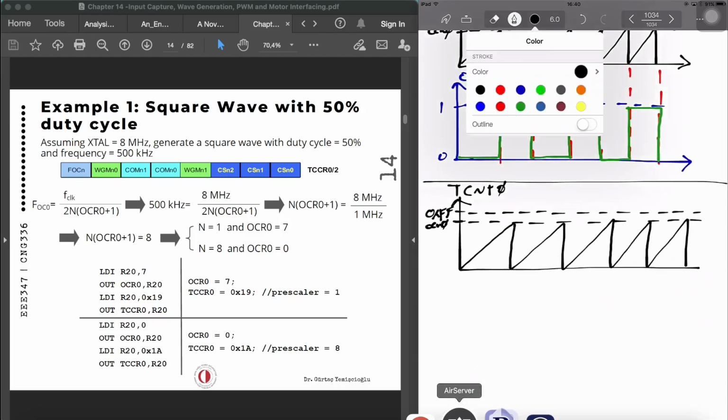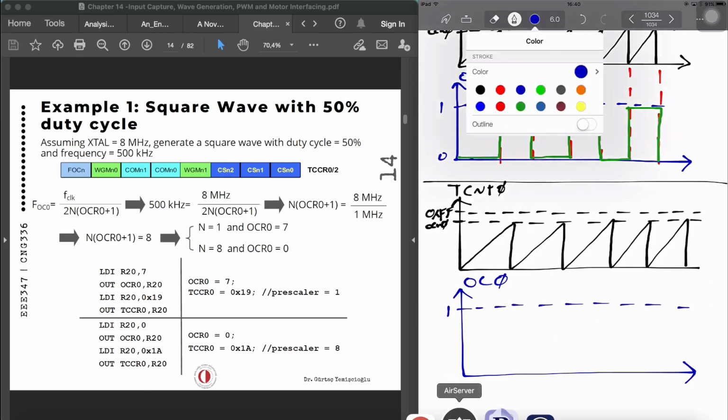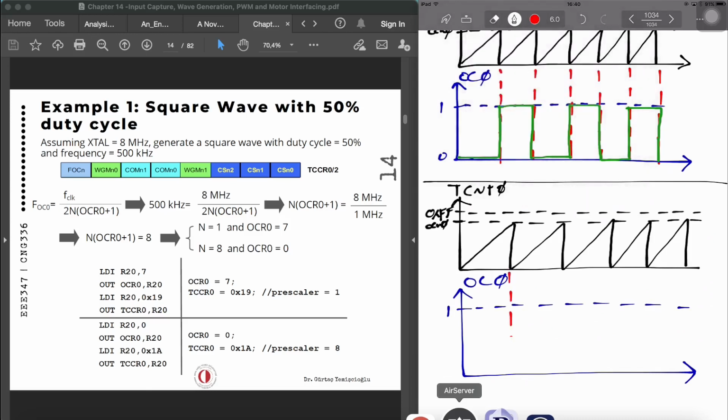And when we want to generate this wave, that's going to be OC0, which is 1. And this is going to be generated.